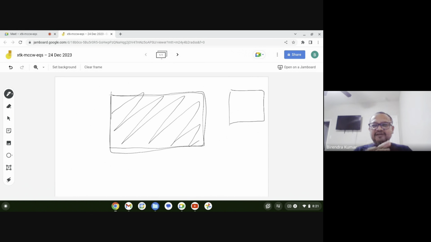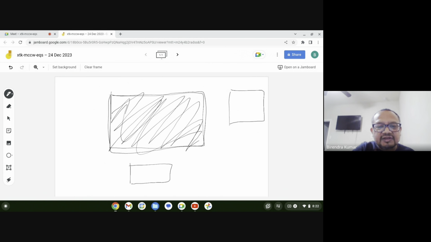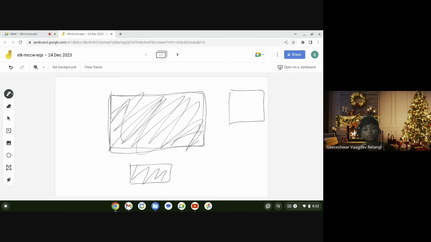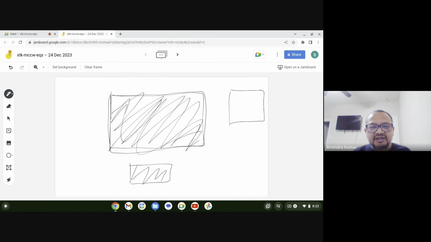Area is nothing but the space that it takes on the surface. Or a page. Let's say if you have an A4 sheet and you're trying to draw a rectangle or a square or a circle or a triangle. The area means how much of the space on the A4 sheet it will take. This is a bigger area. This is a smaller area. This is a baby rectangle, which is taking lesser space on the A4 sheet.